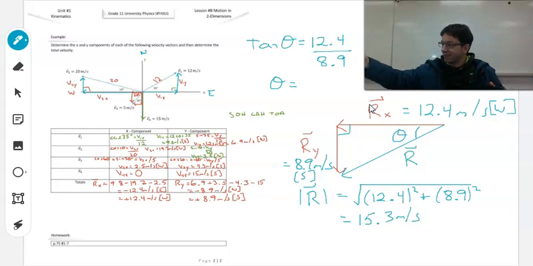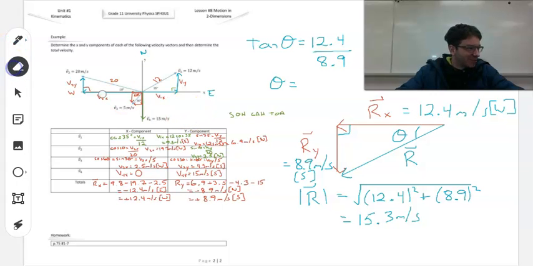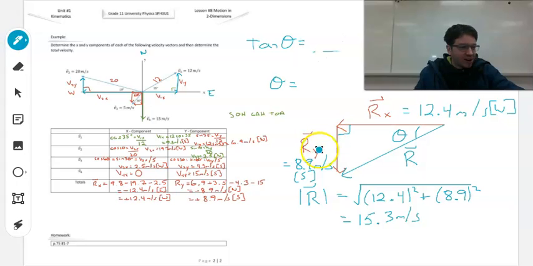My screen just turned off. Alright, sorry. Yeah, so this is opposite over adjacent. I said it right, but I wrote it down wrong. Opposite is 8.9 over 12.4 adjacent. Thanks for pointing that out. So when you solve for theta, you will get 36 degrees.